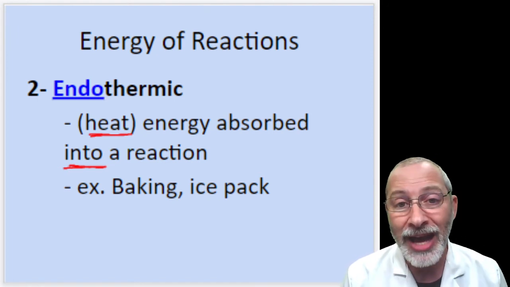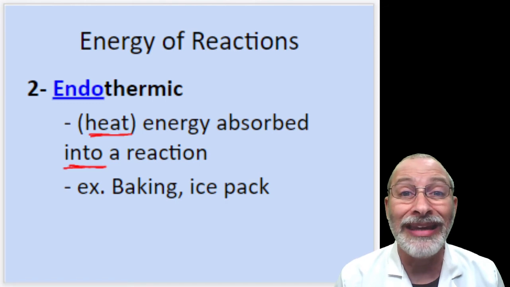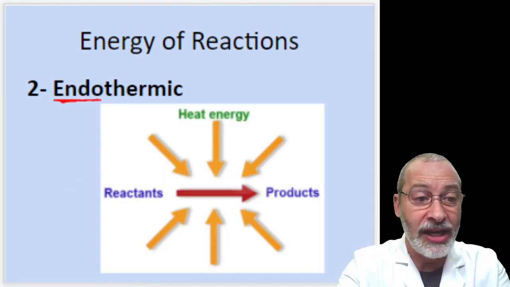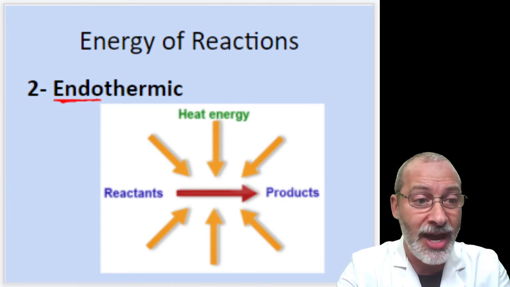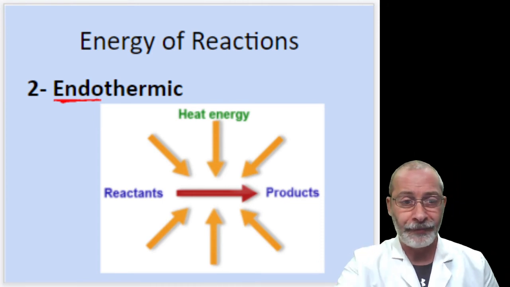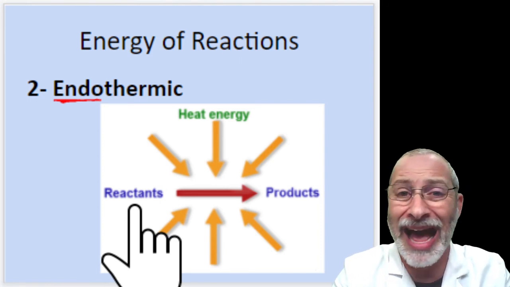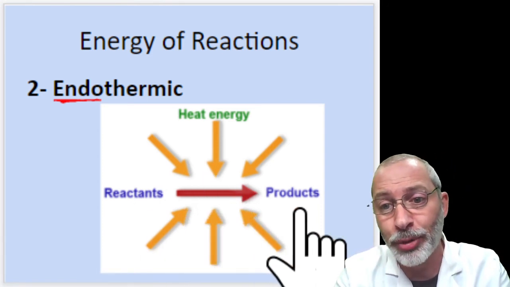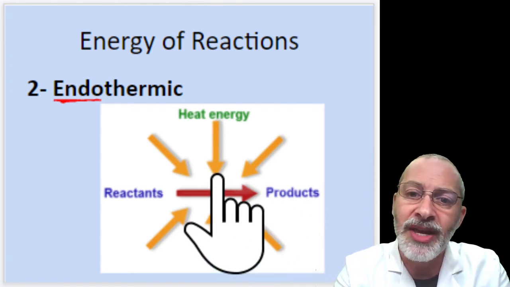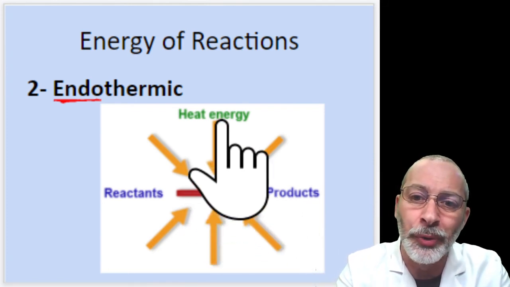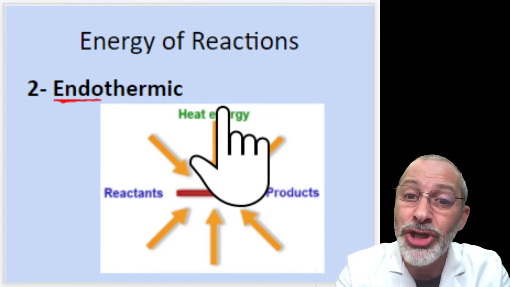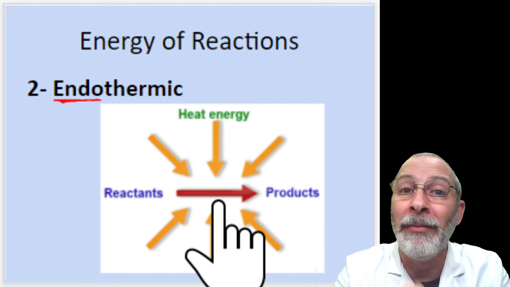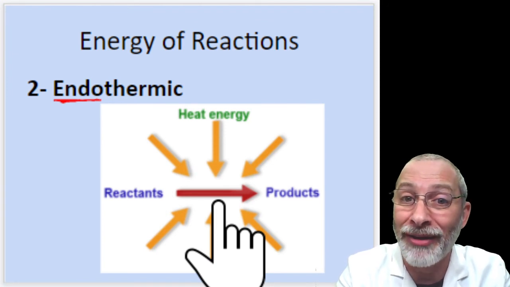and you've experienced endothermic reactions. Now, here's an illustration of an endothermic reaction, which is in contrast to the previous diagram I showed you. So check it out. Here we have the reactants, whatever they may be, undergoing a chemical reaction, producing products. But instead of the heat energy being released, the heat energy is being absorbed into the reaction, making it colder in the surrounding area.